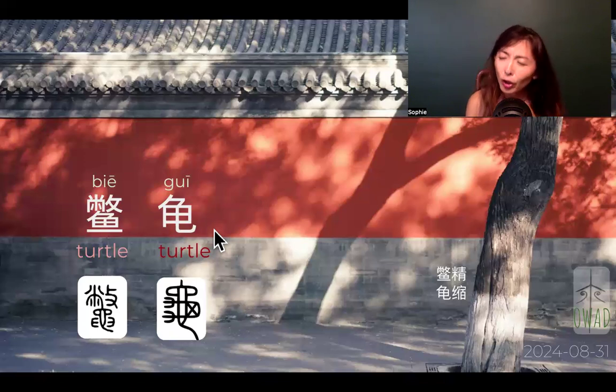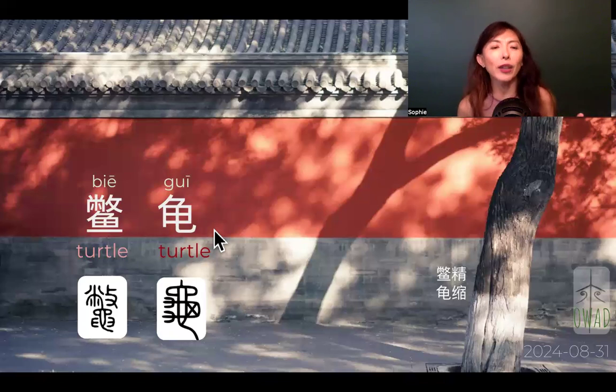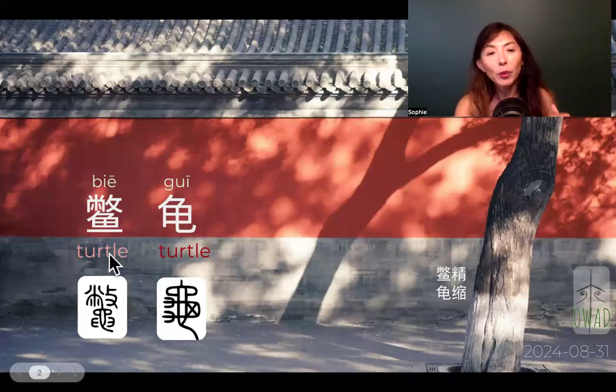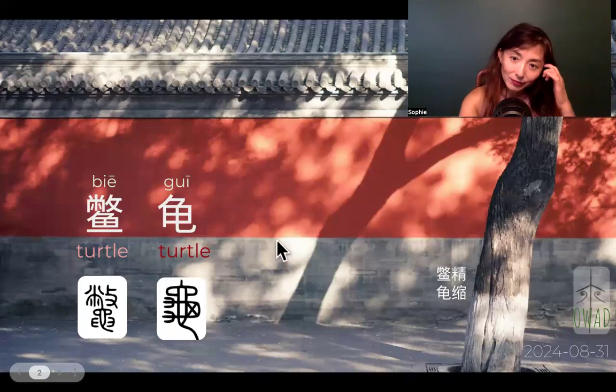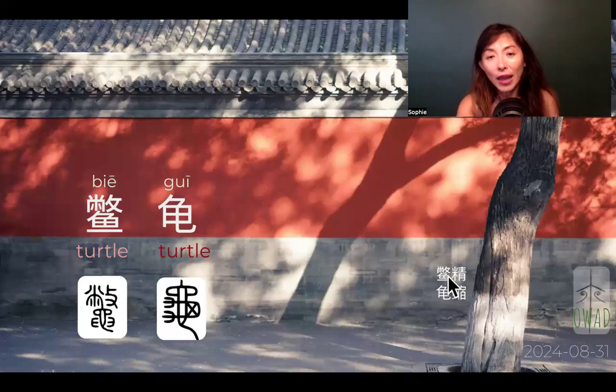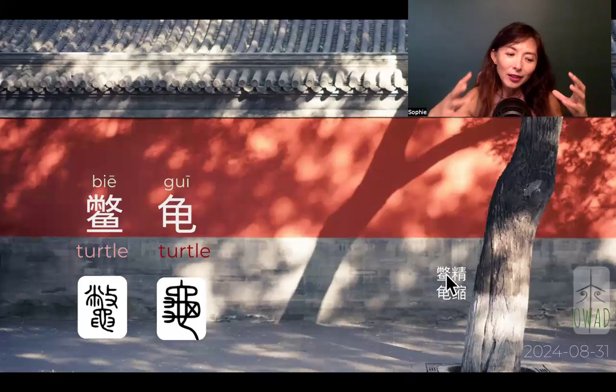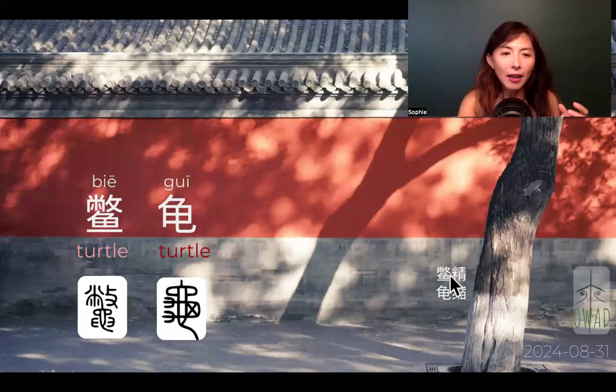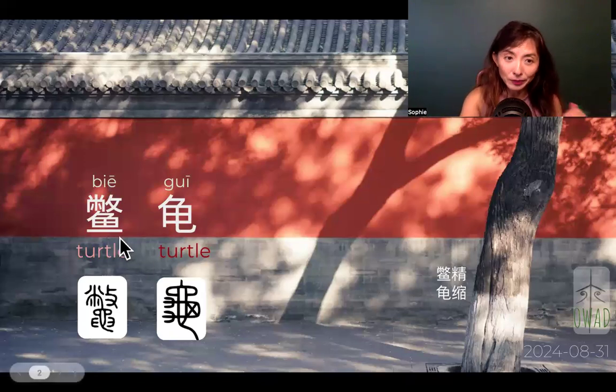It's kind of a turtle-looking thing, but it's a different category of animals almost. It also has a kind of a shell, but it's a soft shell, and people definitely use bi as a type of food. As testified in here, we have 鳖精, which means the essence, fatty acid after boiling long time of this bi animal.